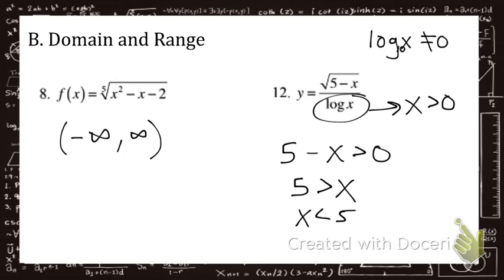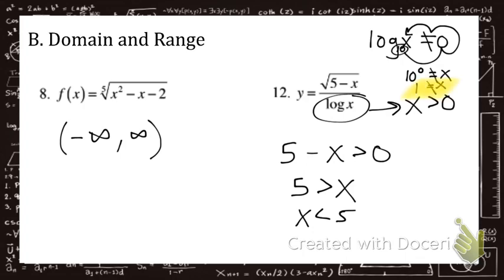So 10 to the power of 0 is equal to x, and anything to the power of 0 is equal to 1, so x is equal to 1. Since this is a not-equals problem, x cannot equal 1.